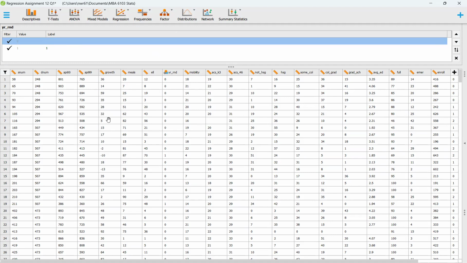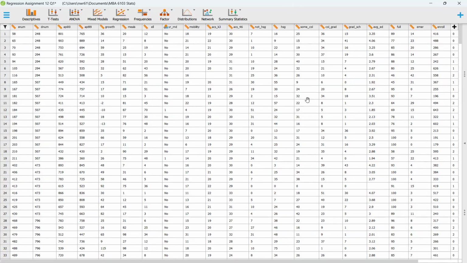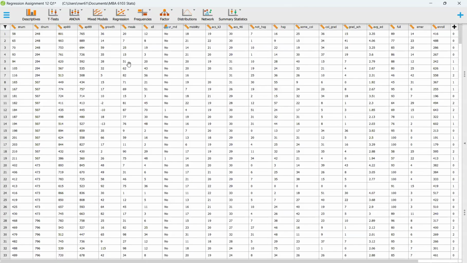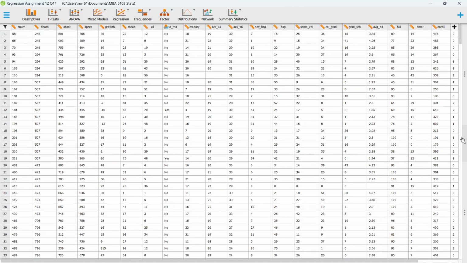All right, 0 is no, and 1 is yes. So once I get all that situated, it should change. It did change no, but it didn't change yes. Okay, probably because I didn't hit enter. That would help out a lot.